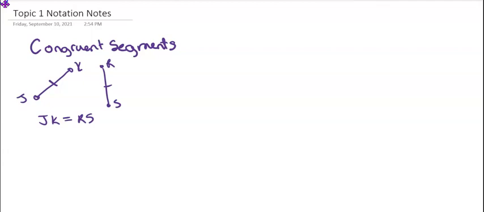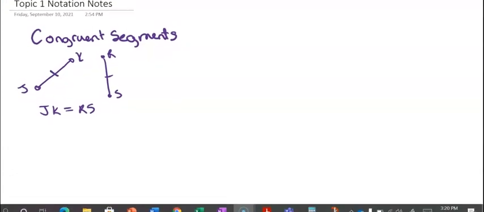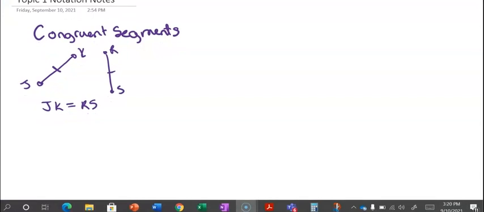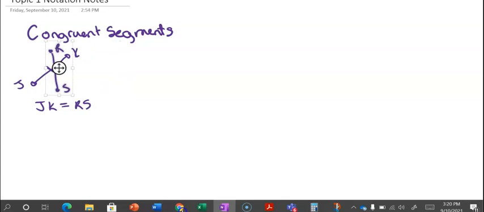But if I were to take RS and actually lasso it with my little lasso tool, move it over here, and then rotate it, which I'm having a little trouble doing here, I could actually make it match up with JK.